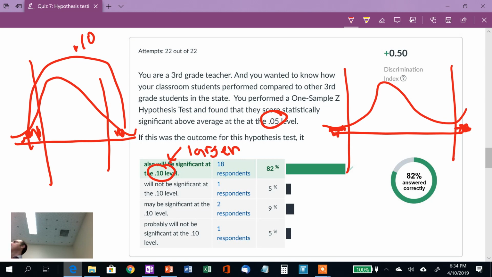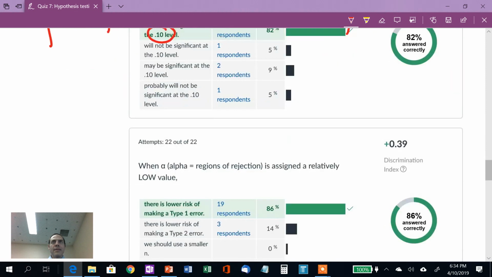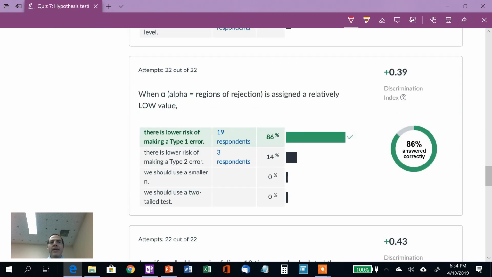Questions on that? All right. When alpha, the region of rejection, is assigned a relatively low value, there's a lower risk of making a type 1 error. Remember two weeks ago, the magical dices? It was fun, right?